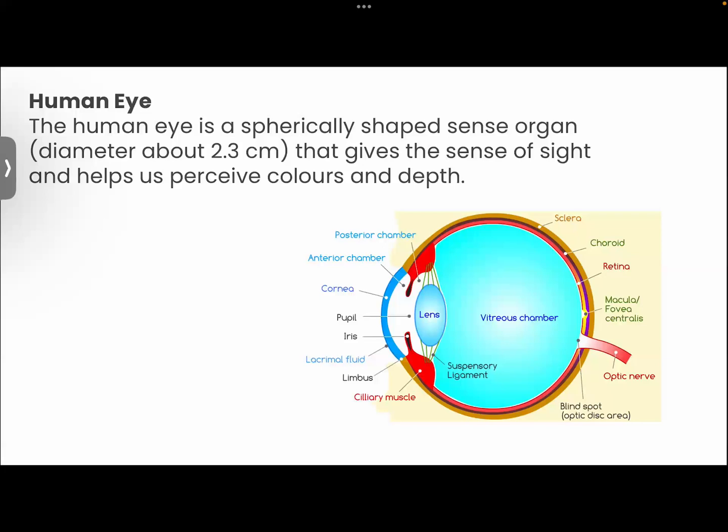Then we have the human eye. The human eye is one of the sensory organs which enables you to see various objects around you.